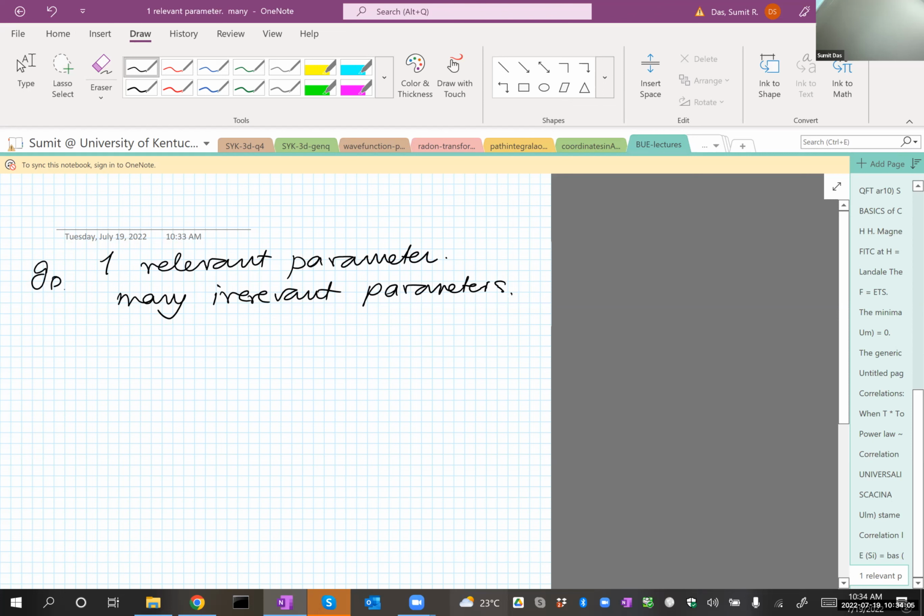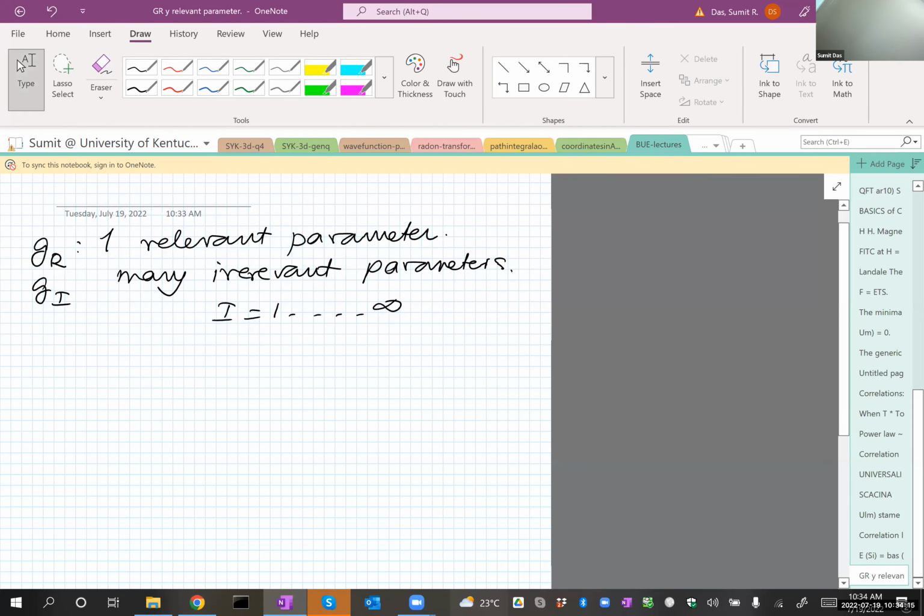I'll call this relevant parameter GR, and I'll call these GI, equal to 1, 2, maybe an infinite number of irrelevant parameters. I don't even care. Now what I do, I start with this equation. And this equation is true for any value of B. I'm free to choose whatever B I like.